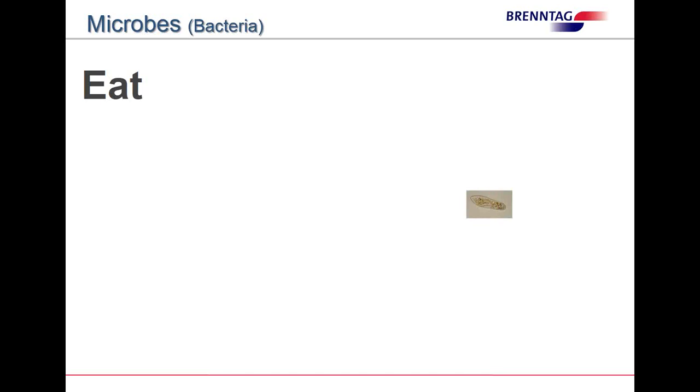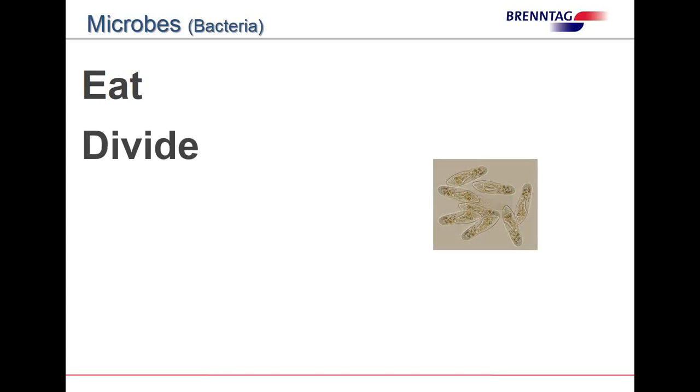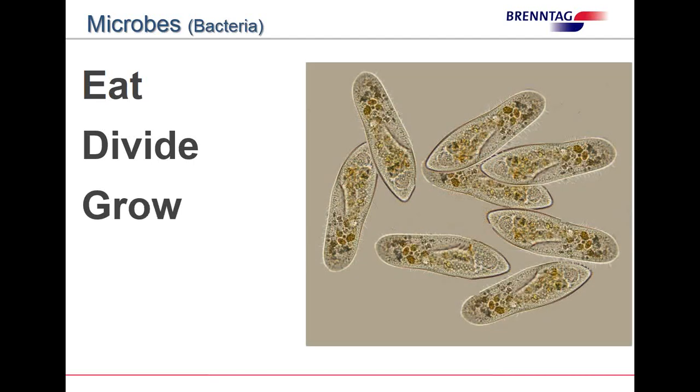Okay, here's what microbes do. They eat. You see the microbes start over on the right side, and then microbes divide, and they get more and more and more, and they grow continuously and get bigger and bigger to higher life forms. And then what happens is they start getting weak.